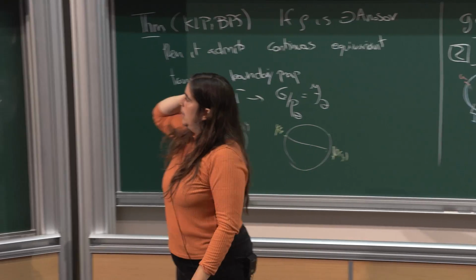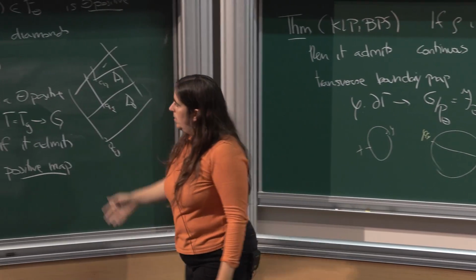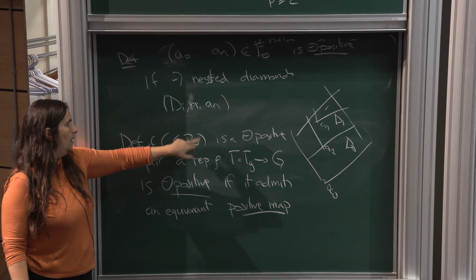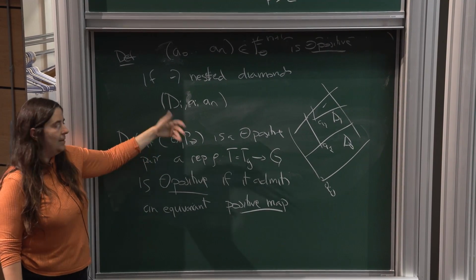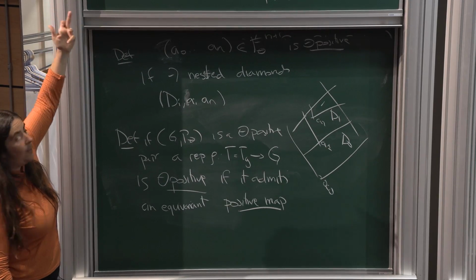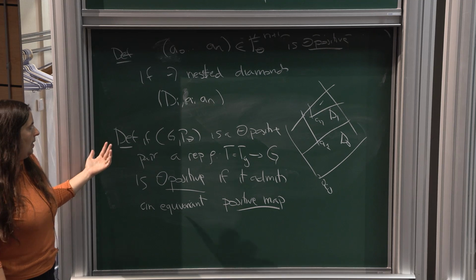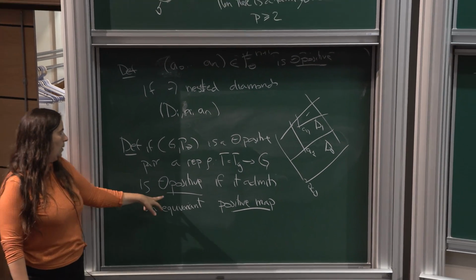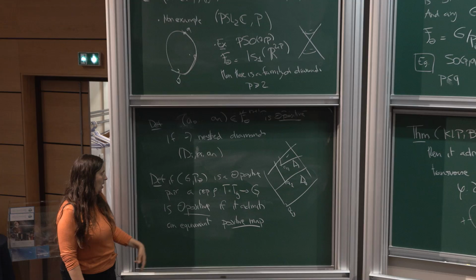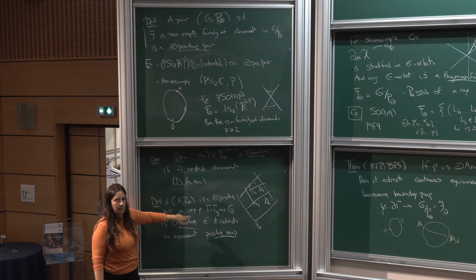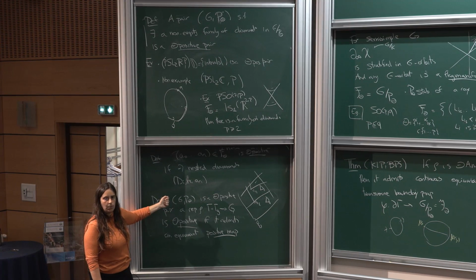So in general, the pairs of group and flag space that are theta positive pairs are classified. There are 4 families. And the theorem that we proved with Jonas Beyrer, Olivier Guichard, François Labourie, and Anna Wienhard is that theta positive representations form connected components of the character variety.